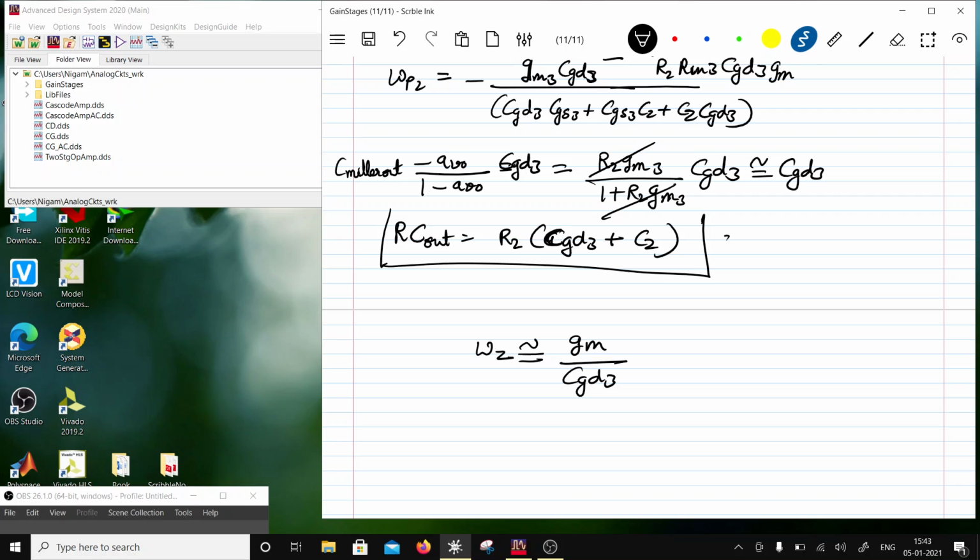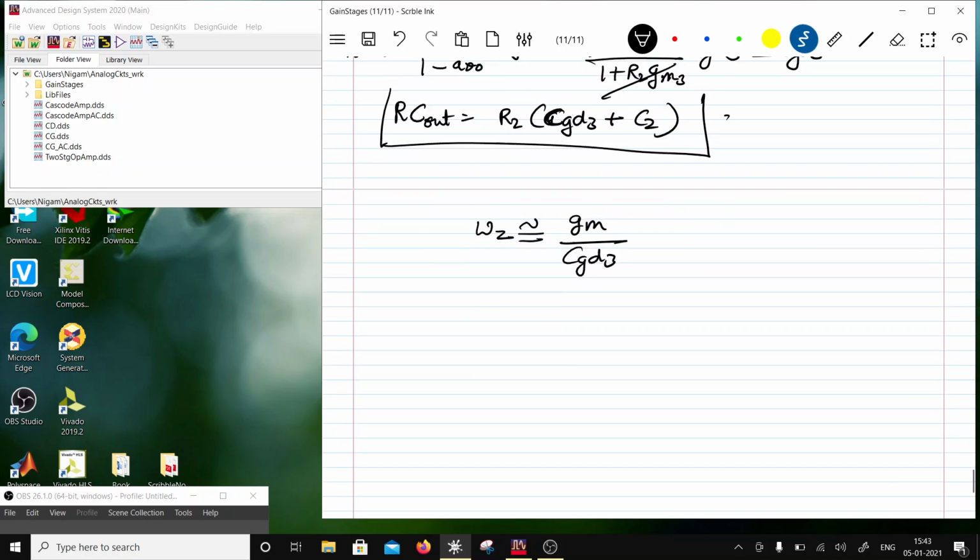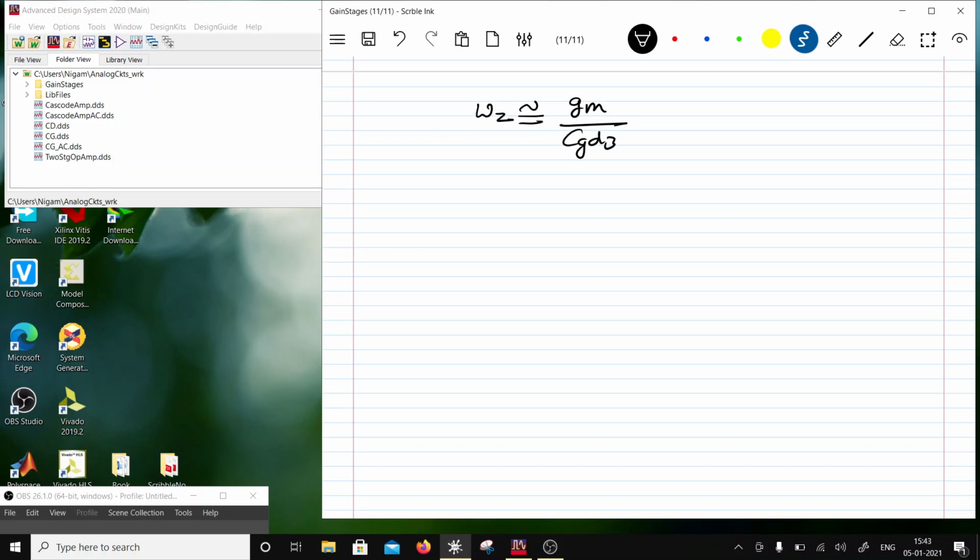Okay, so now we have all the things in our hand. So let's write them here. Poles. We have got two poles, WP1, which has two contributions: RC time constant of the input node plus RC time constant of the output node, and 1 by that. I can basically forget about the output node because the capacitances are too low.